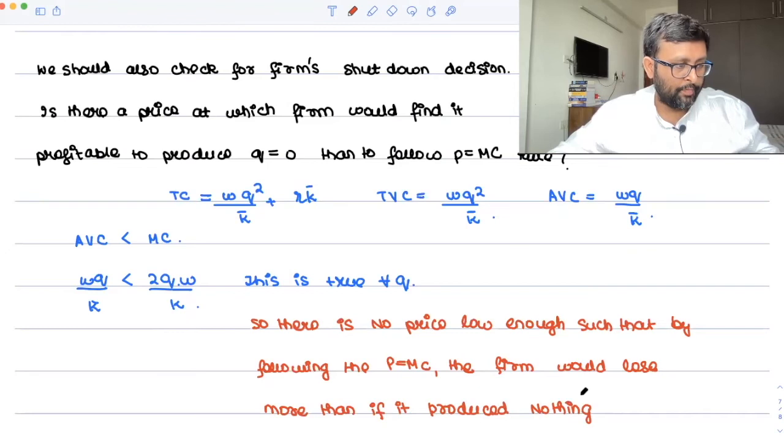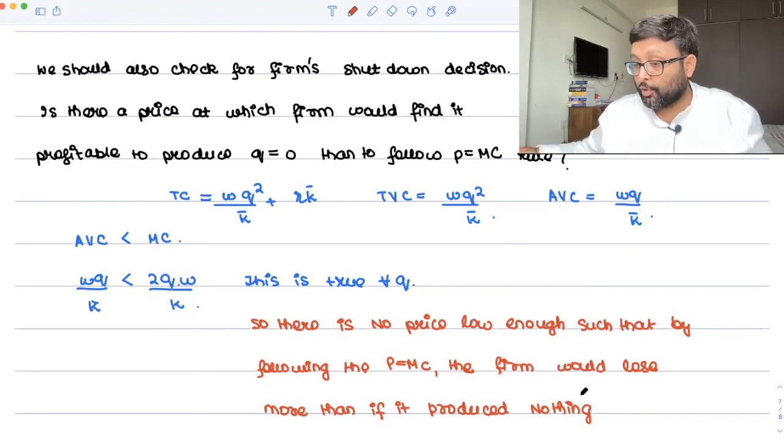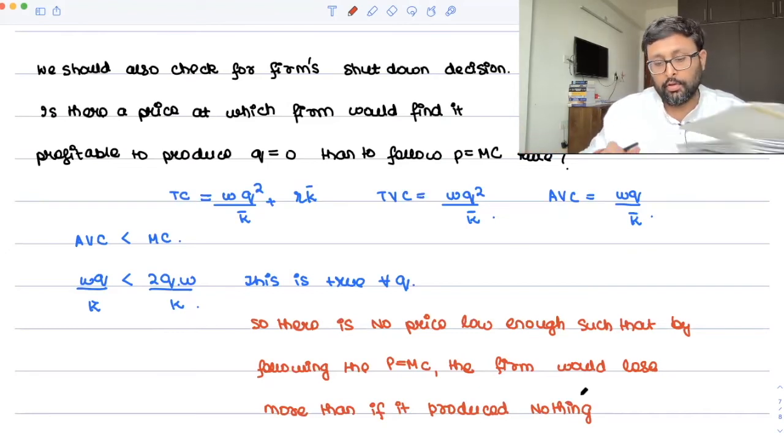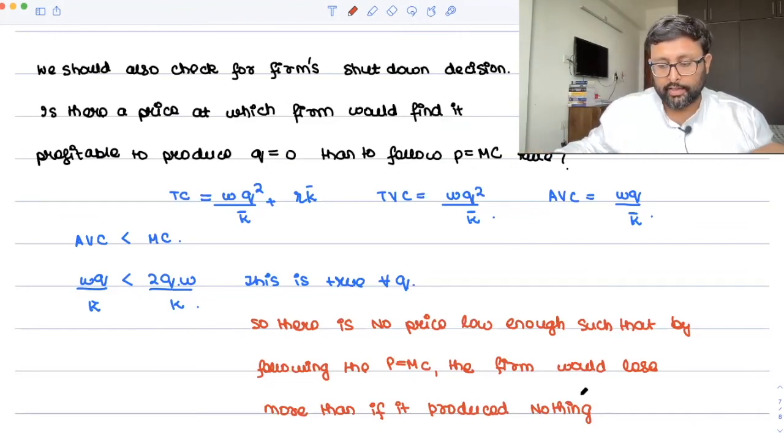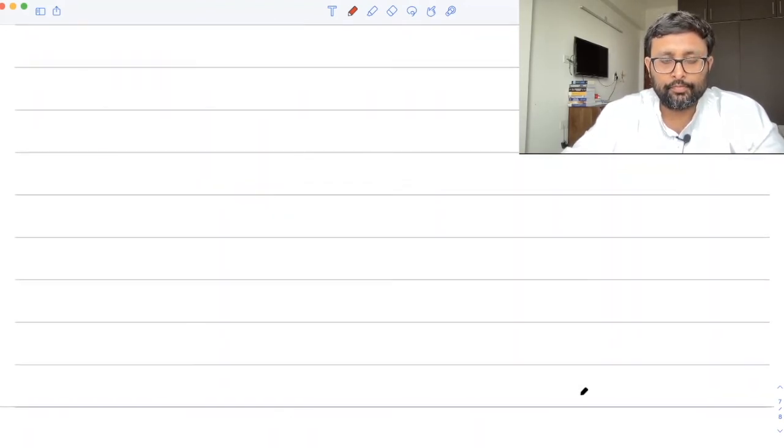Right. Okay. So if by producing nothing, the firm can save on losses, it will not produce anything. But here in this case, you're not getting anything like that. Let's look at one more example.